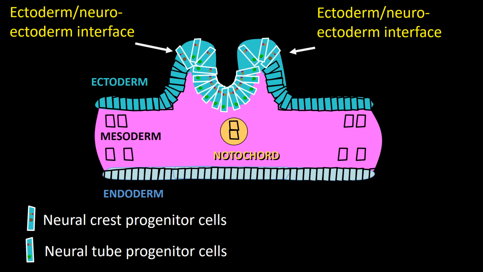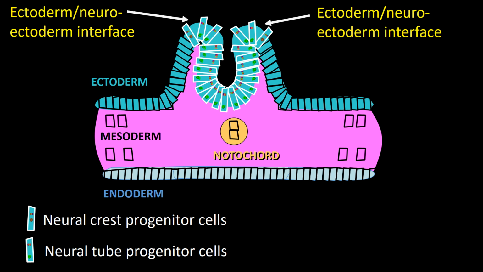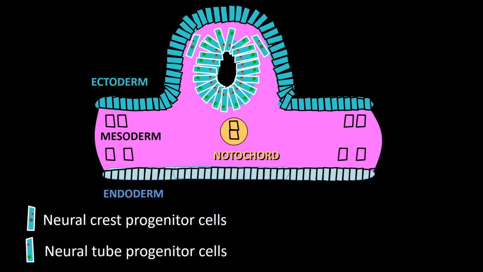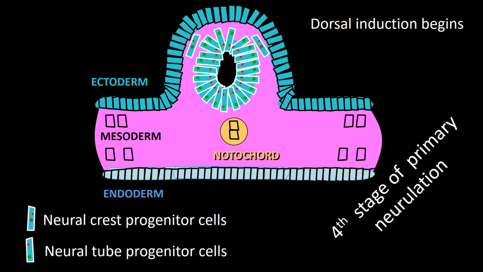The growth at the edges continues more and starts to bend towards each other. This represents the third stage in neurulation, called the bending stage. Shortly after, the edges of the neural tube fuse. This marks the beginning of dorsal induction, the name given to this fusion of the dorsal aspect of the embryo overlying the neural cord.